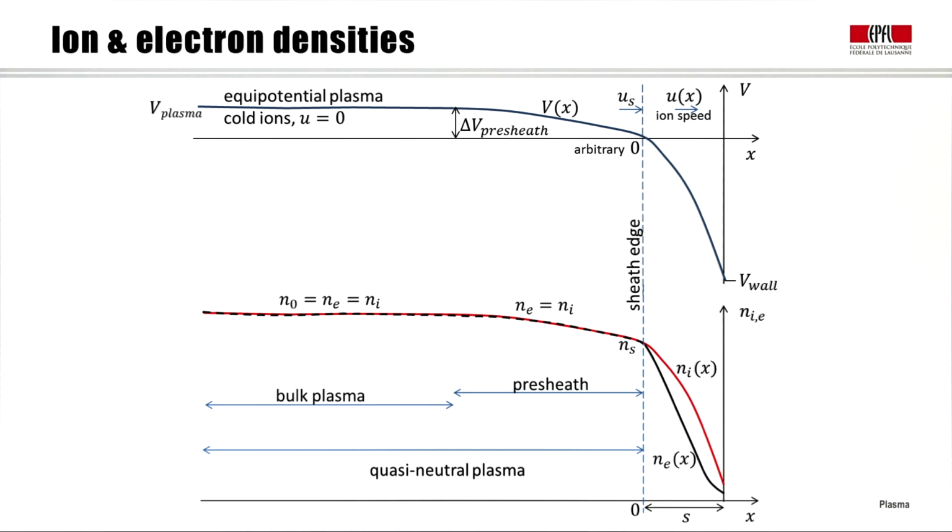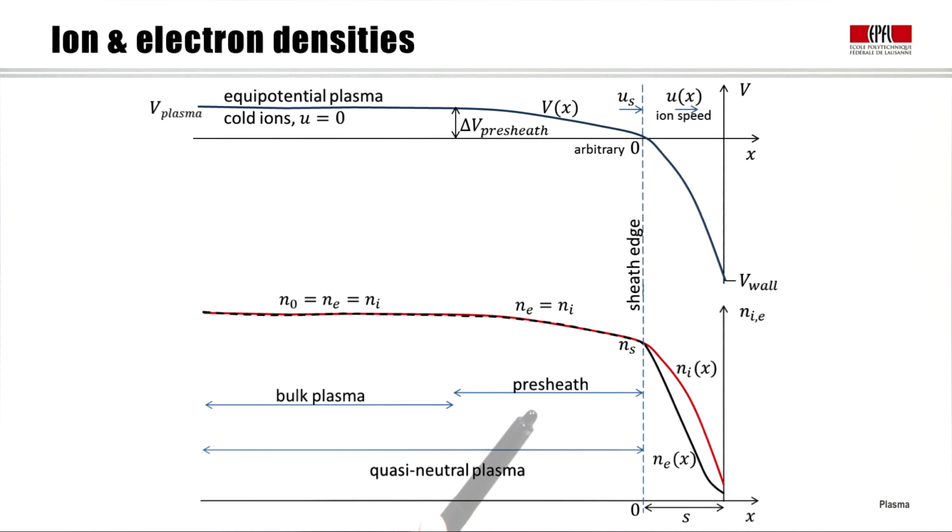Let's also introduce a profile for the charged particle densities in this situation. In the equipotential plasma, that is, in the bulk plasma, the density of the electrons is equal to the density of ions for a quasi-neutral plasma. N0 equals Ne equals Ni is the density in the plasma.